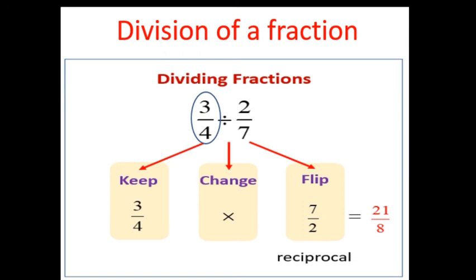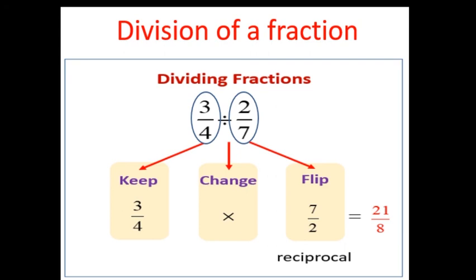Divide will change into multiplication. Next is 2 by 7. Reciprocal of 2 by 7 is 7 by 2. We will flip it. So what will we get? Numerator multiplied by numerator: 3 multiplied by 7 is 21, and 4 multiplied by 2 is 8. So we will get 21 upon 8.